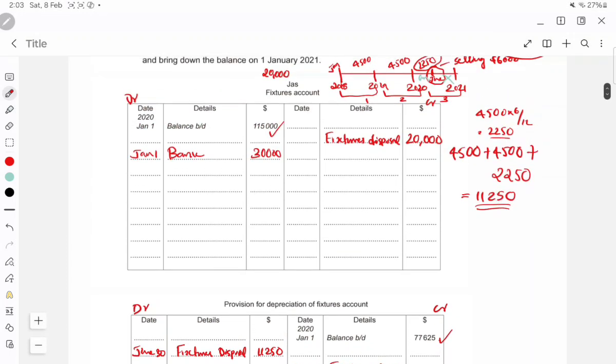Now we can balance the account. It's an asset account, so I'm balancing.